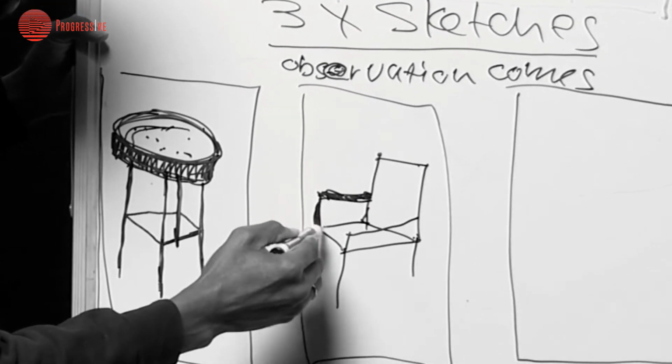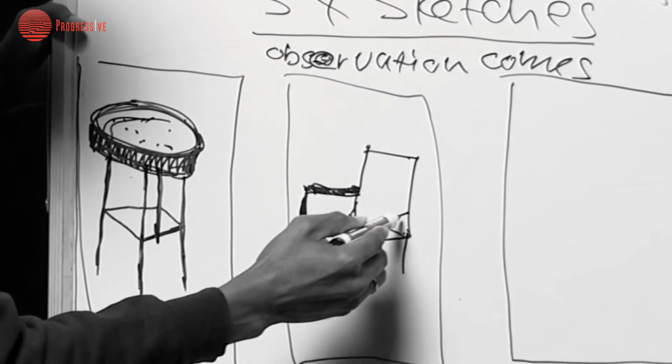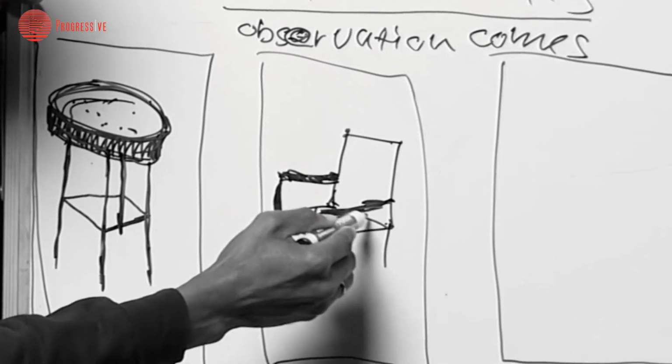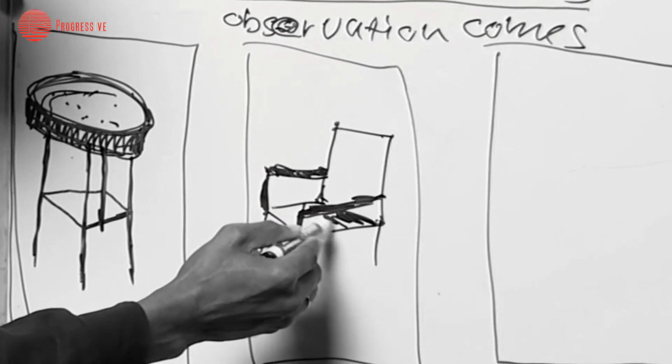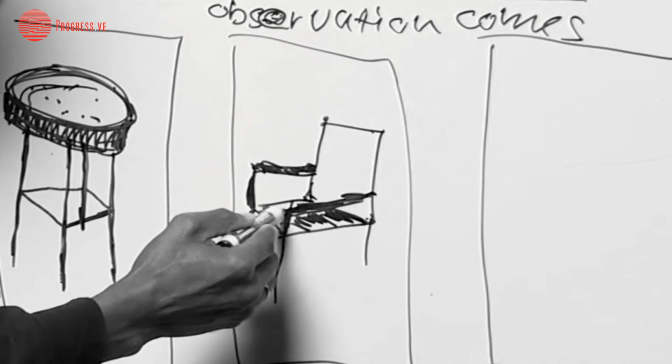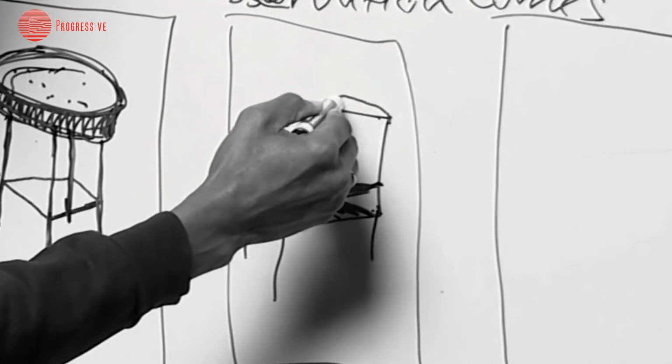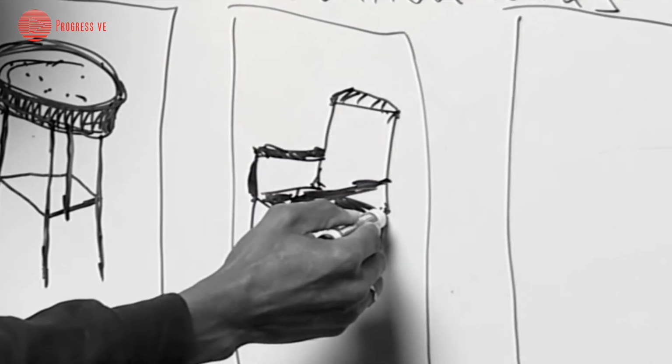But please try to observe, because if there is no observation, this is more like the king's chairs, especially the ones which have an armrest. So maybe here it's got something here. So try to observe whatever the details are there.